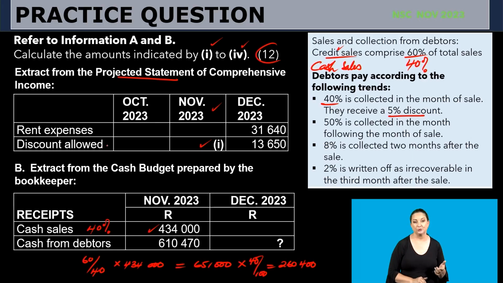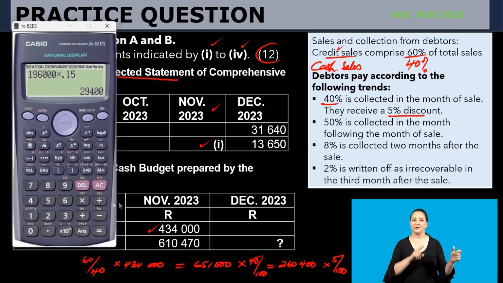So that is the discount allowed that I want. So what I want is 5% of this amount. So I'll come here and then I'll say, it is my 260,400, and then I want 5%.